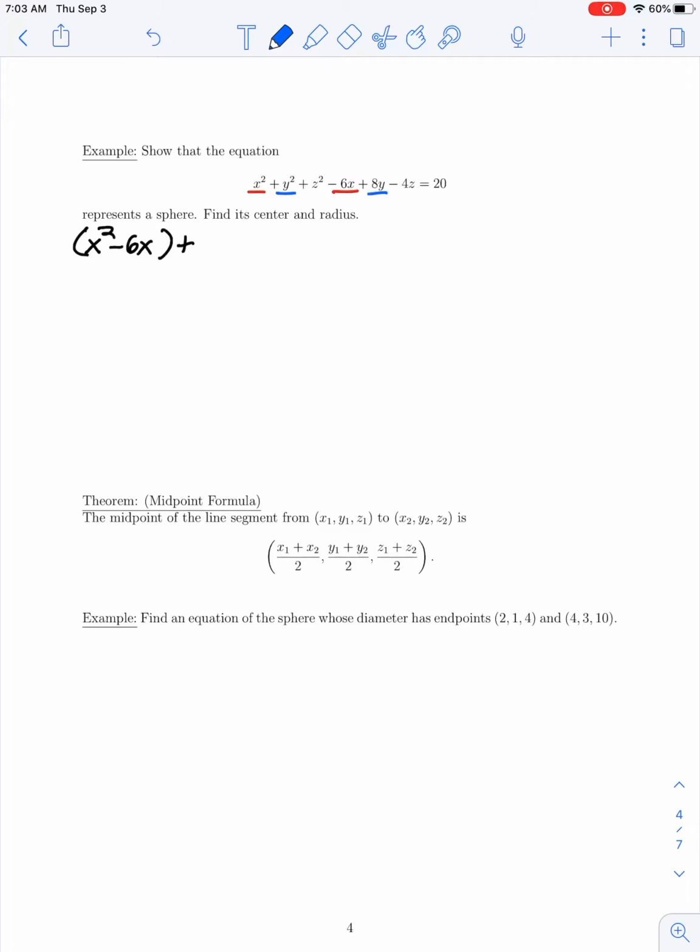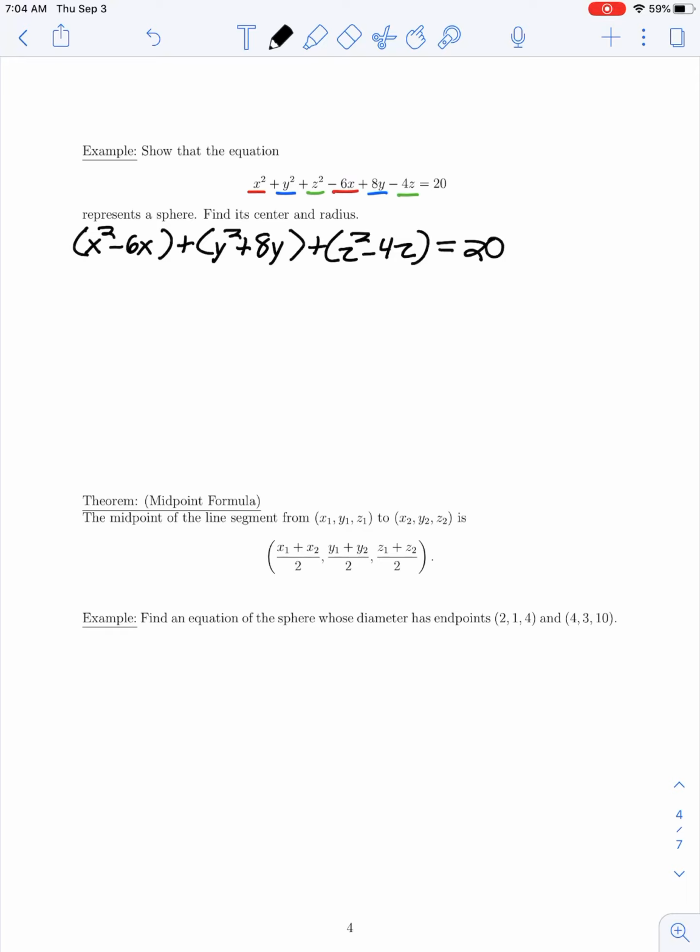I had a y squared plus 8y. So grouping those y variables together, we have that. And then plus grouping our z variables, we had a z squared minus 4z. And then that's equal to this constant 20.